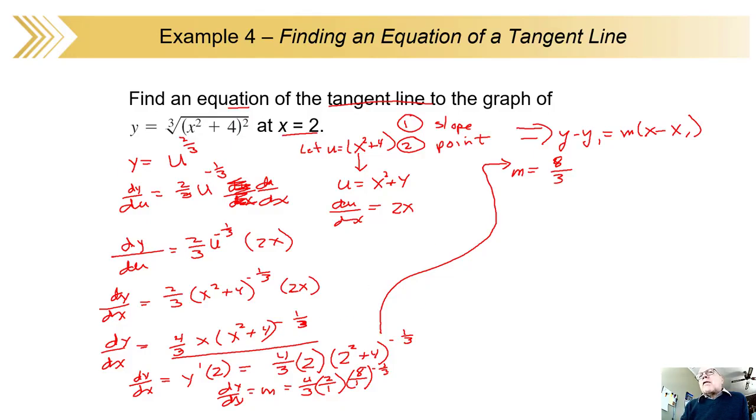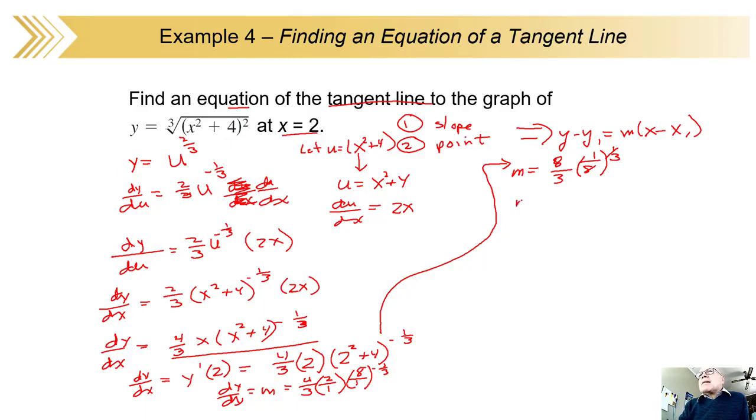Now I've got 8/1 to the -1/3. The first thing I'm going to do is, since it's a -1/3, I invert the 8/1. So I've got 1/8 to the 1/3 power, because that negative exponent means reciprocal.